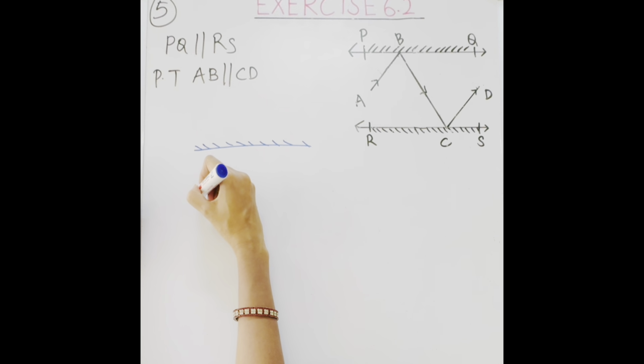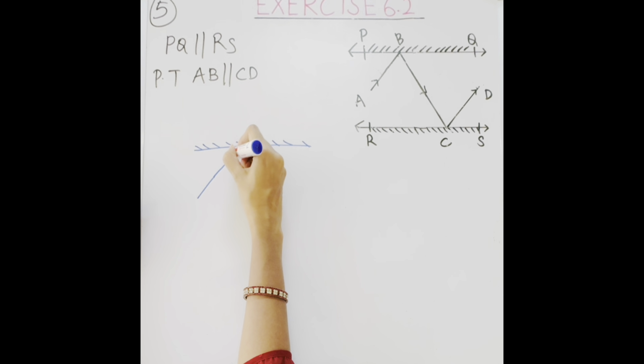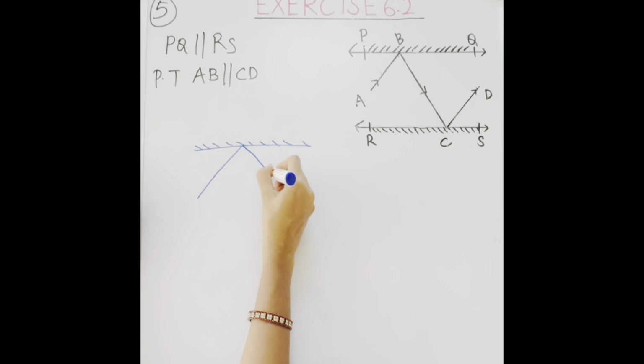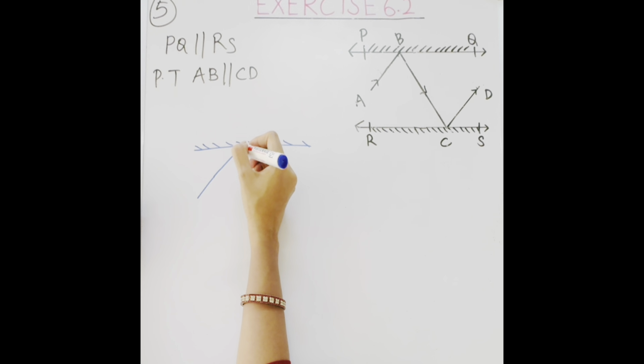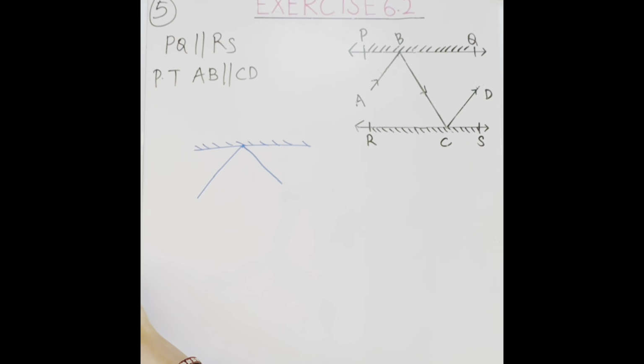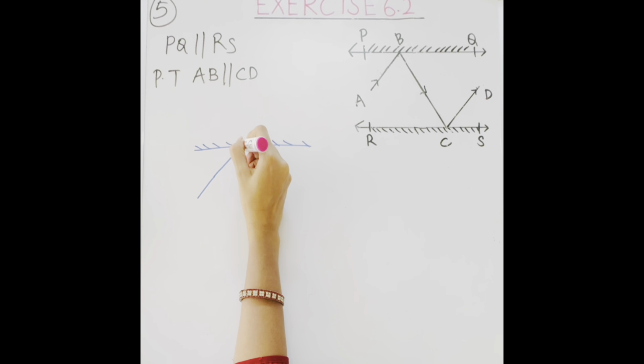If we have a ray hitting a surface, and when it is reflected back, there are two angles which are formed. One is the angle of incidence and the other one is the angle of reflection. What is angle of incidence? Angle of incidence is the angle at which a ray of light hits a surface, and it is the angle between the ray and the normal.